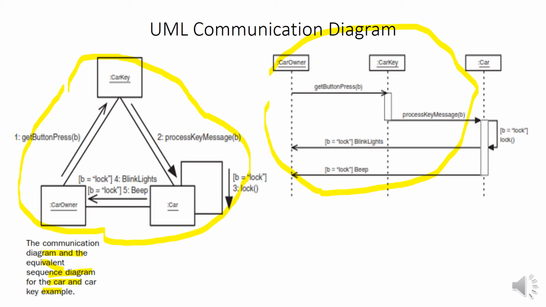These two diagrams, as I told you before, are semantically equal. They represent the same kind of information, but the communication diagram is more compact. It has a few advantages over the sequence diagram.